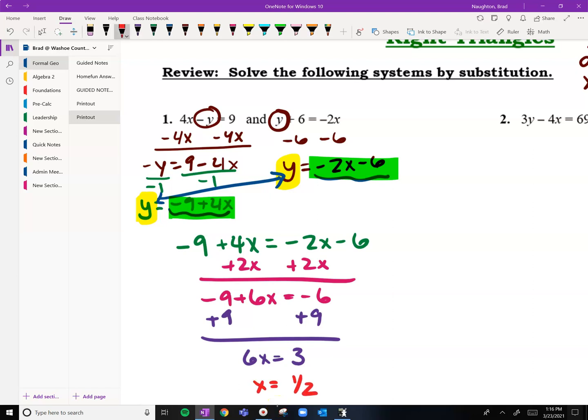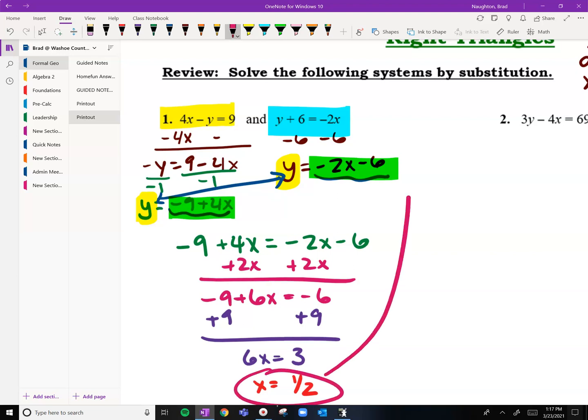Now that's awesome, ladies and gentlemen. We are good to go, but now we have to find out what the other part is. So which equation looks easier? If you go back to the start, this one here in yellow, this one here in blue, again, we want to find out what y is. Let's plug it into this blue one. You can pick either, but this way it's just y plus 6 is equal to negative 2x.